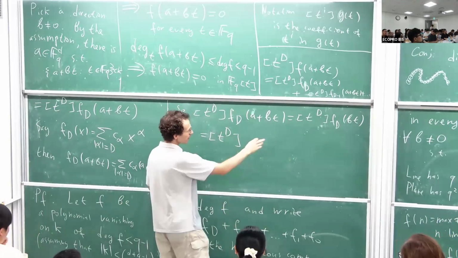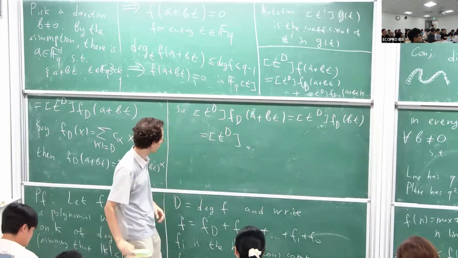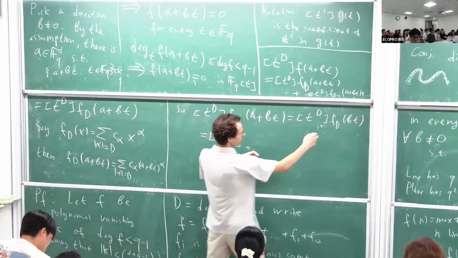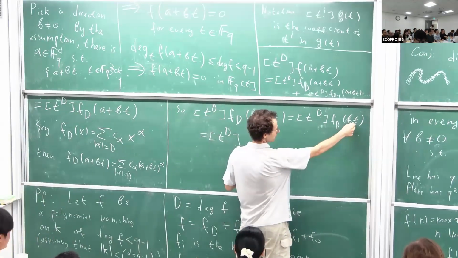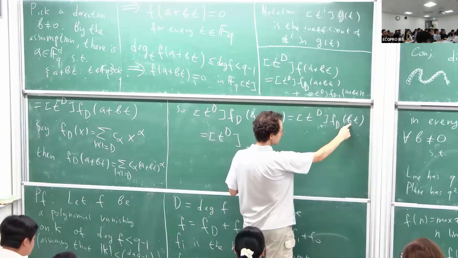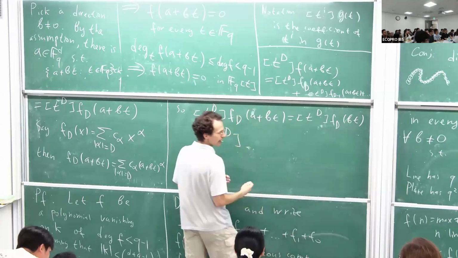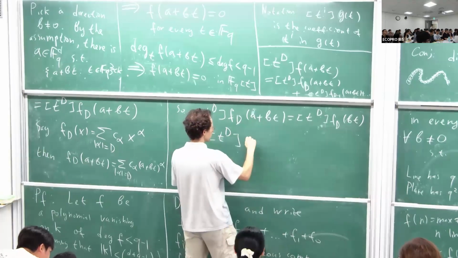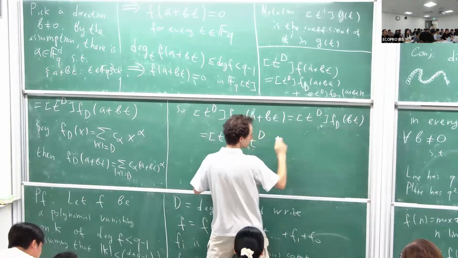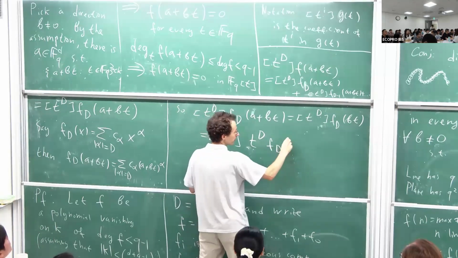Now remember, this was a homogeneous polynomial. That means if I take b multiplied by t, it's the same thing as taking t out to the appropriate power. Since this is homogeneous of degree capital D, this is equal to t to the D times f_D of b.